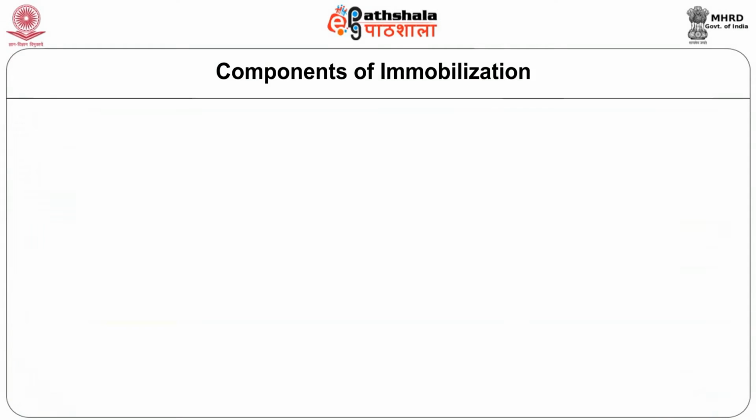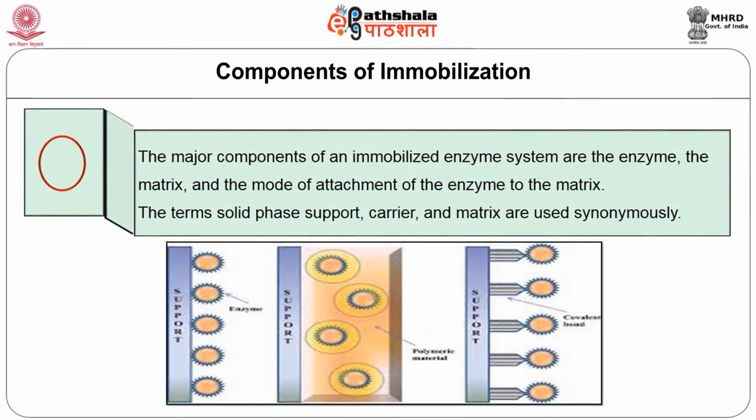Components of immobilization. The major components of an immobilized enzyme system are the enzyme, the matrix, and the mode of attachment of the enzyme to the matrix. The terms solid phase support, carrier, and matrix are used synonymously.